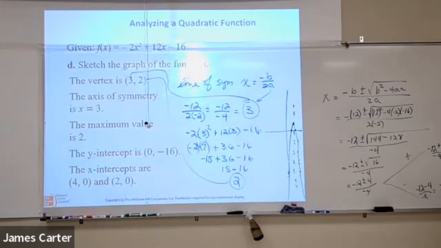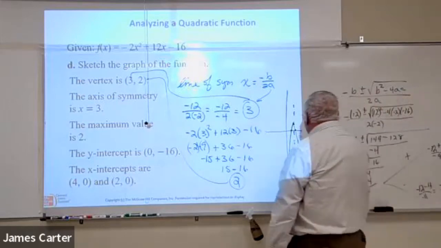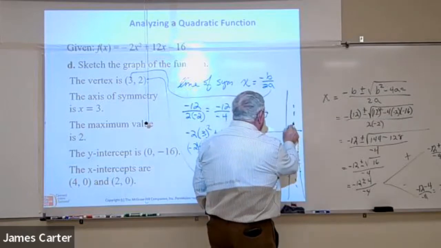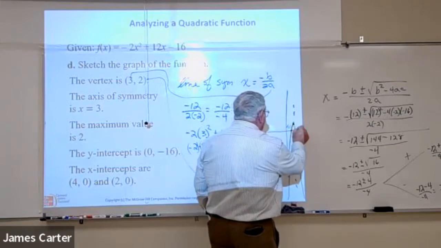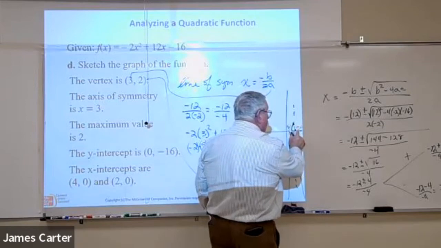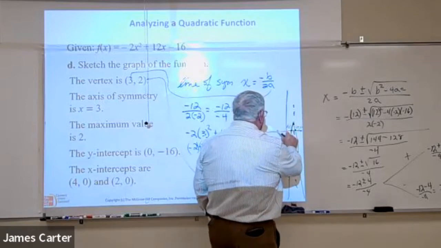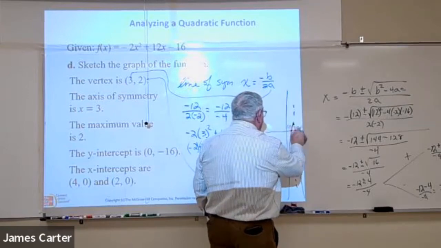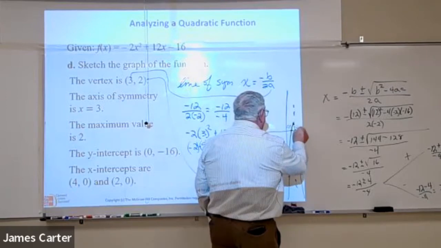Now, what these mean is I've got the values. This gives me the point 2, 0, and this is the point 4, 0. Yes, 2, 0, and 4, 0. That's it.